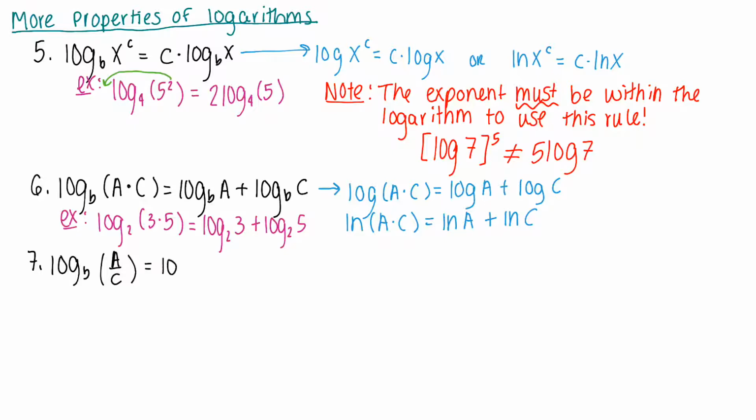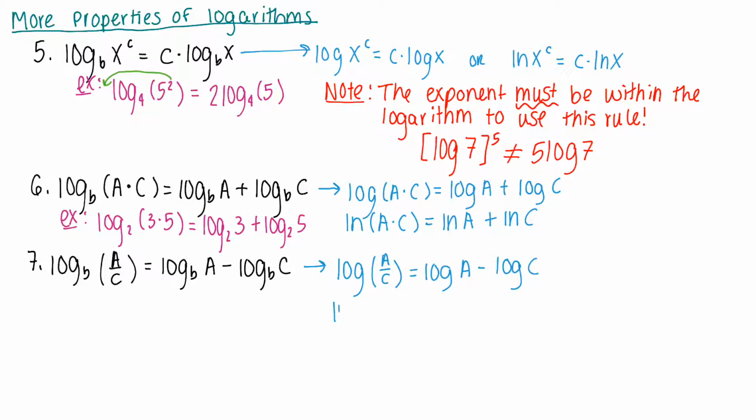So this turns into log base b of a minus log base b of c. For the other bases, same thing. So log of a divided by c is equal to log a minus log c, and ln of a divided by c is equal to ln a minus ln c.